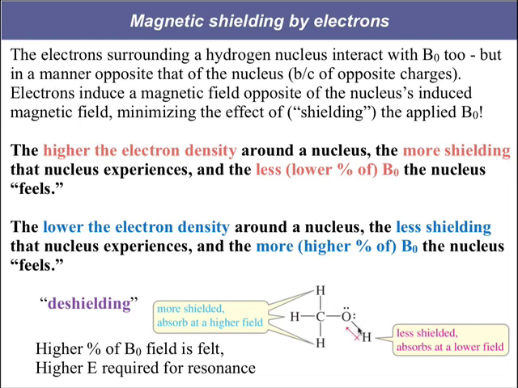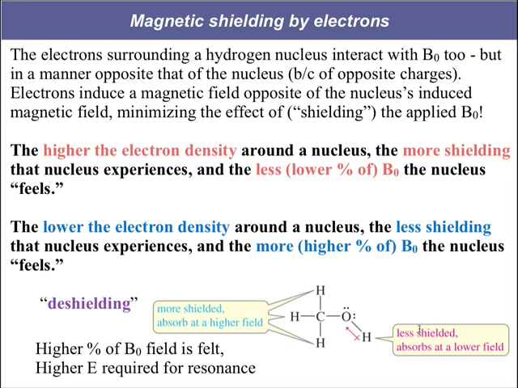There's a polar bond there, and the more of the electron density sits at the oxygen, the less of the electron density sits on the hydrogen. So we would say that the hydrogens on the carbon are shielded, and the hydrogen on the oxygen is deshielded.